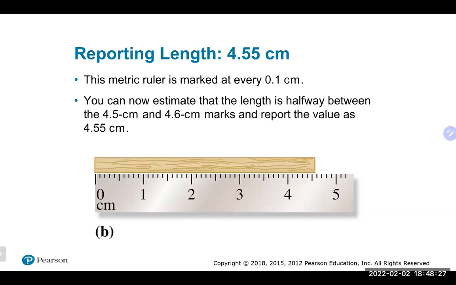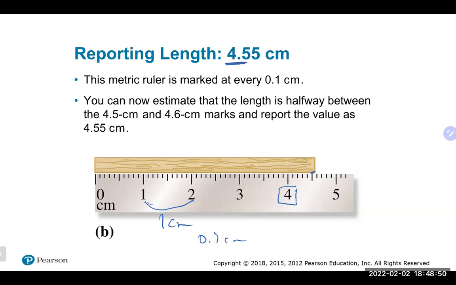Here, again, if we look at this, the biggest units are 1 centimeter. There are 10 markings, so our smaller divisions are 0.1 centimeters. Again, everybody should agree it's at least 4. That is 1, 2, 3, 4, 5. So those are our certain numbers that they recorded.